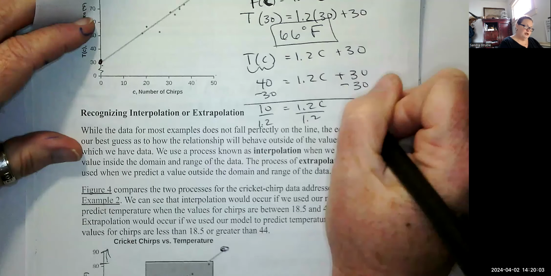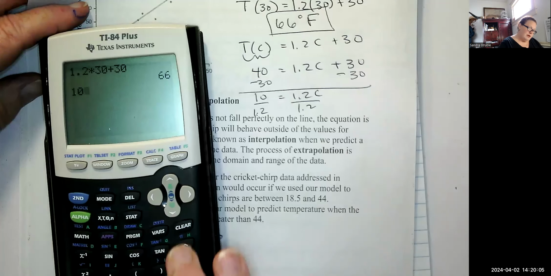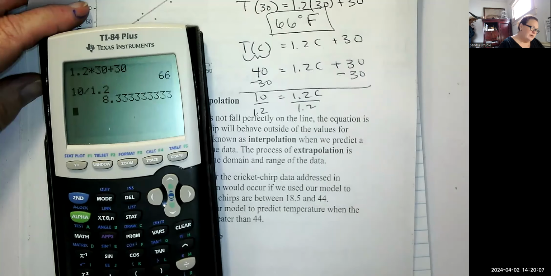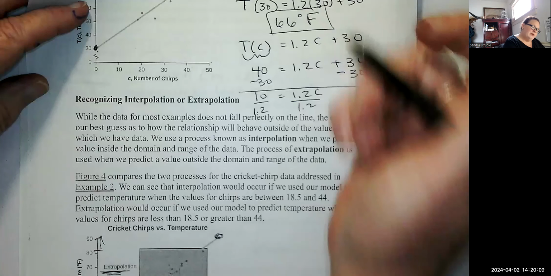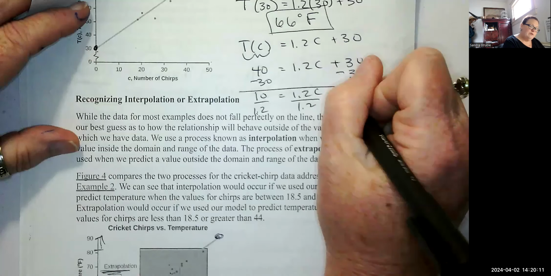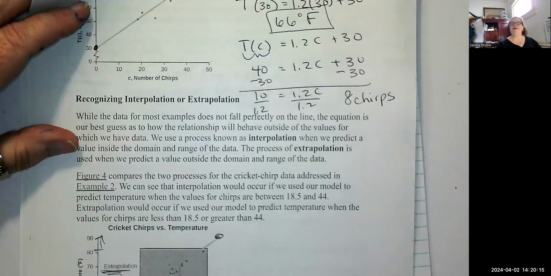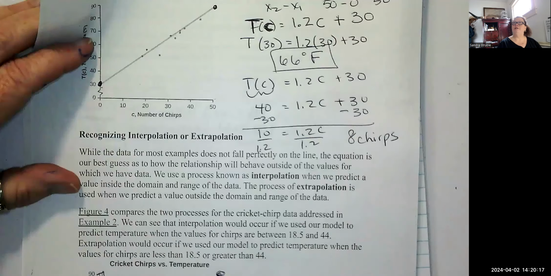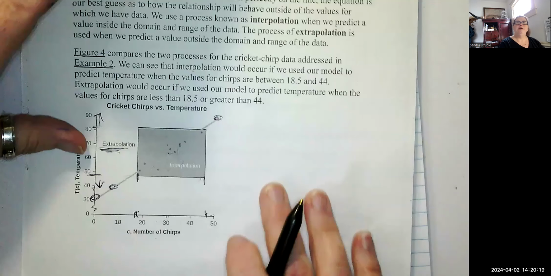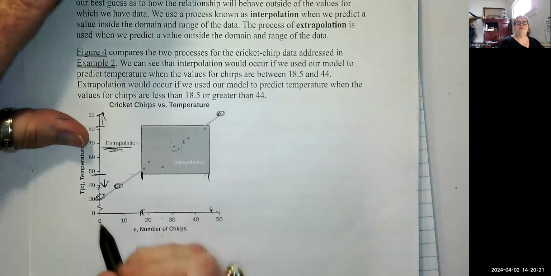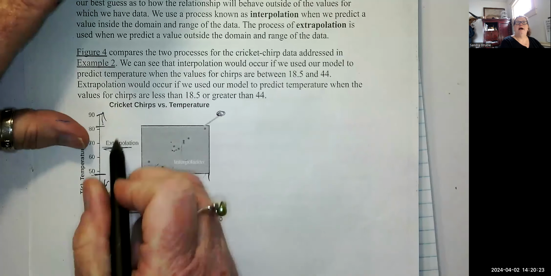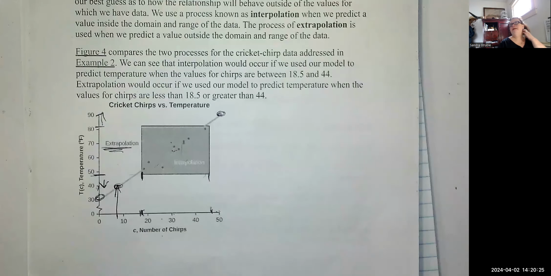And we get how many chirps? 10 divided by 1.2 is 8.33 chirps. So let's just say 8 chirps at 40 degrees. Well, is that interpolation or extrapolation, first of all? And chirps, 8 of them, oh gosh, yeah, it's right here. It is definitely extrapolation.